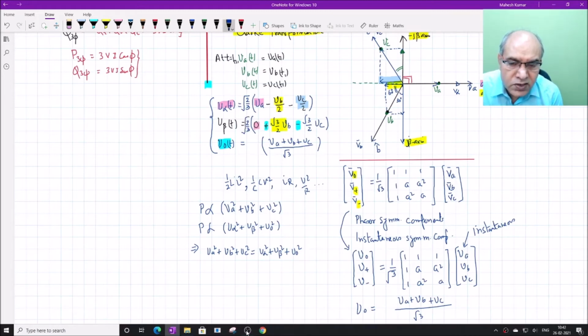Since B0 cannot be changed, we still add the factor of 2 by 3 for symmetry, but we also multiply by 3 by 2 root so that B0 is not manipulated. So this goes with this, and finally we will have 1 by root 2 here.